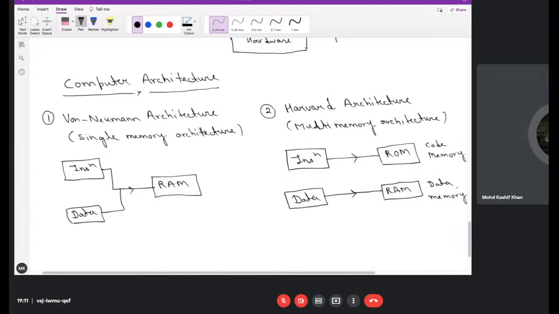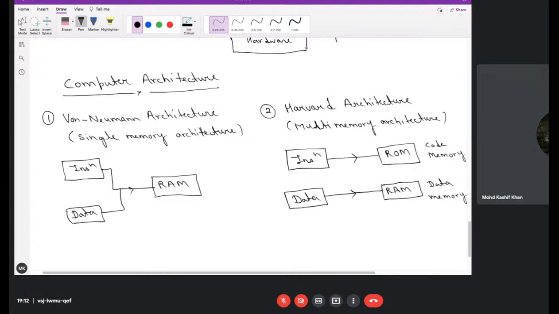First is single memory architecture, or you can say von Neumann architecture.